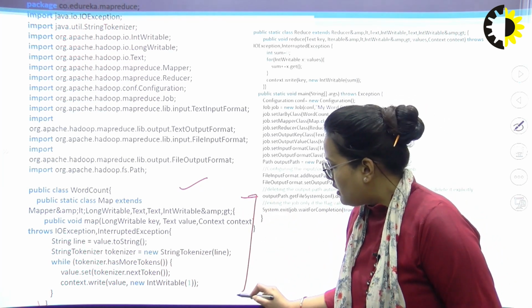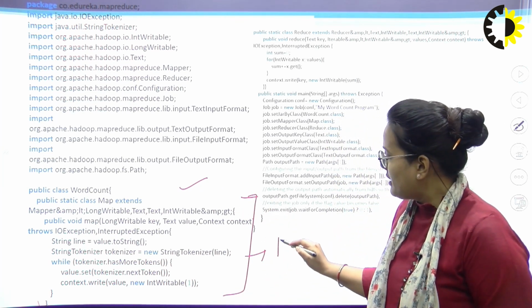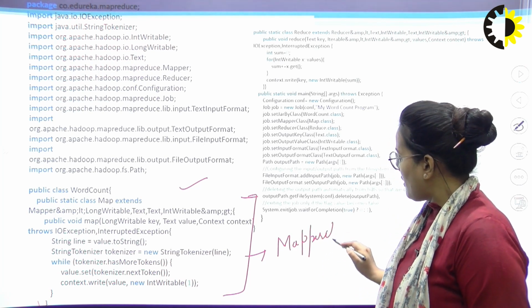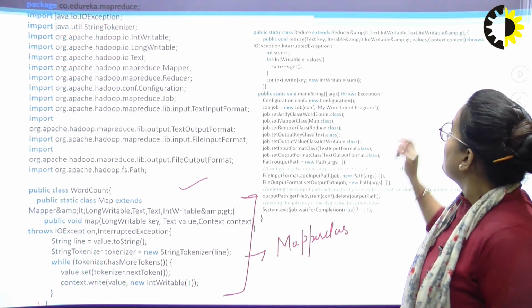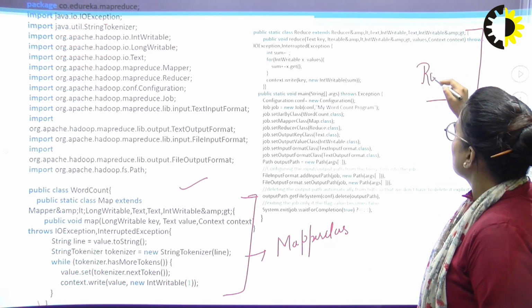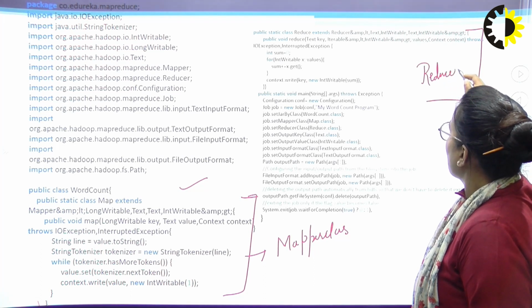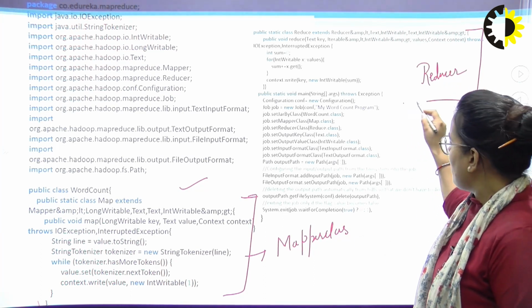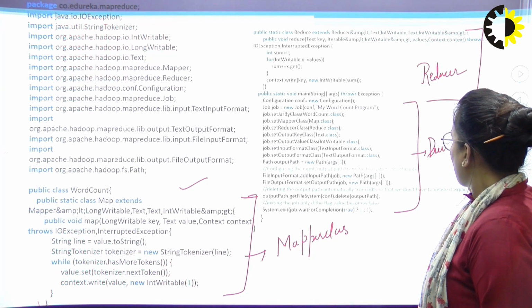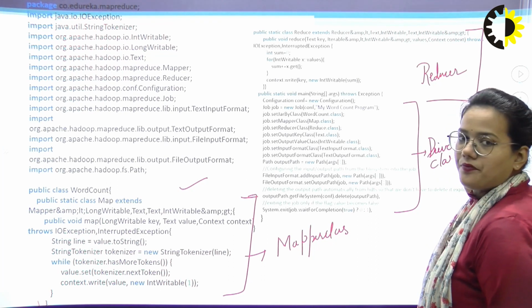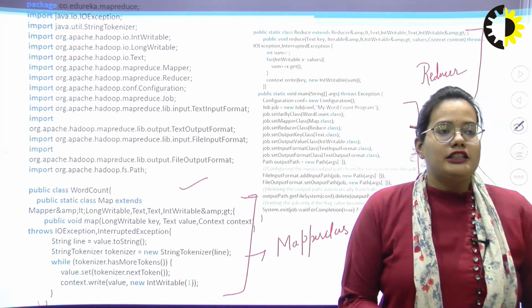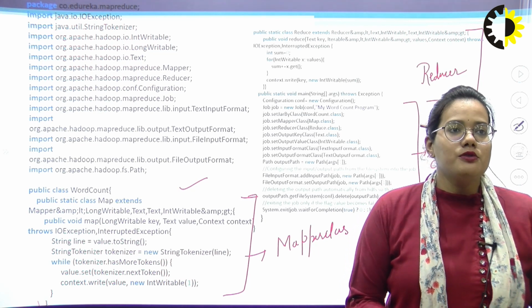This code will be the mapper class code, and this is the reduce class, and this will be the driver. So this is all about MapReduce.